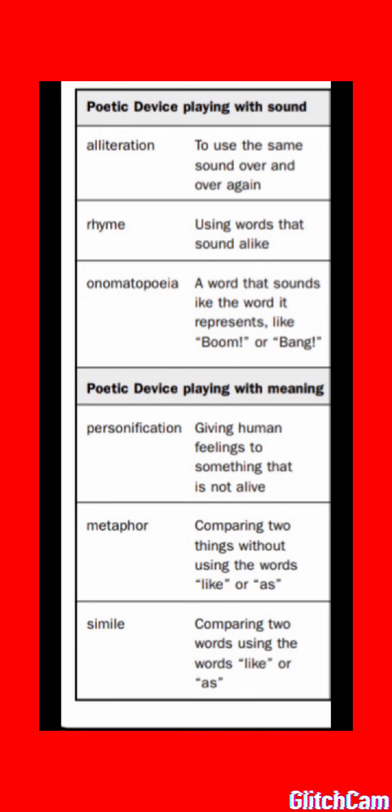We usually use the words like or as to compare two objects or things, but here you should not use those two words, but you have to compare the two subjects, whatever they may be. The last and final poetic device is called simile, comparing two things using the words like or as. Here, for simile, you should compulsorily look for the words like and as in the sentence. Then you can easily identify that this poetic device is simile.